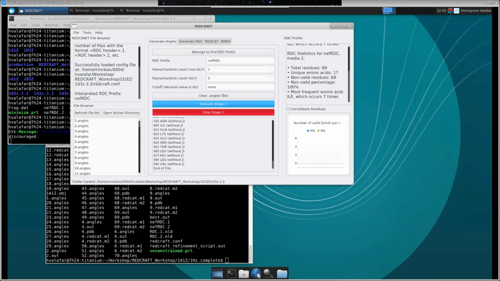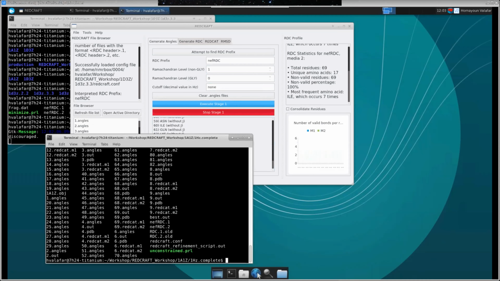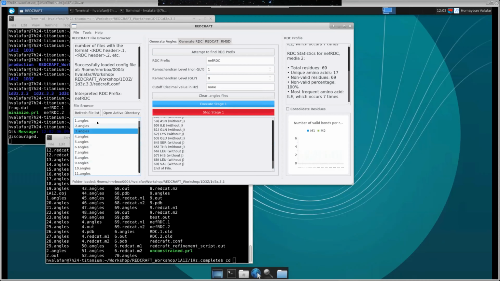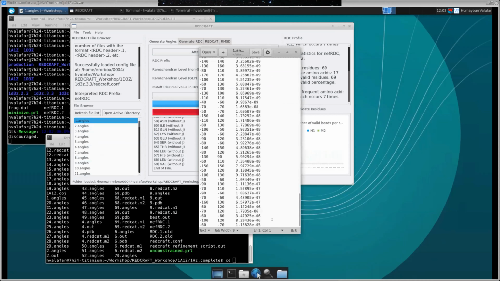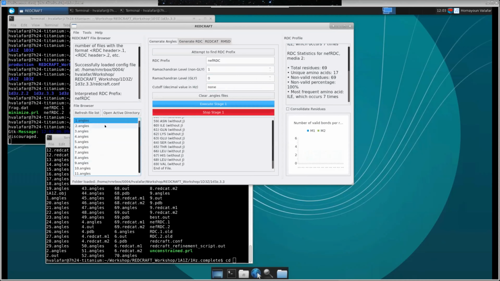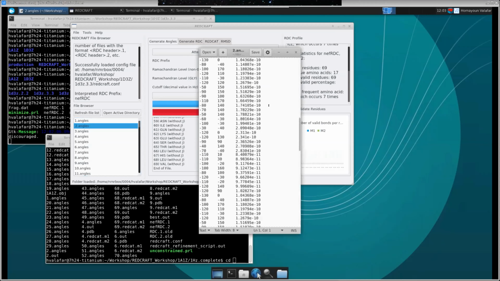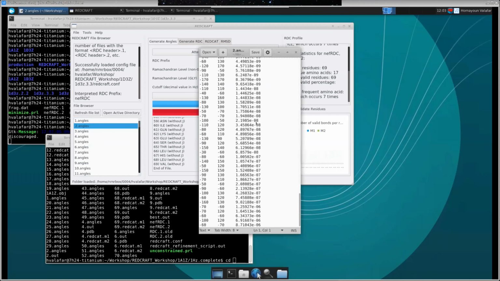And so, for example, in stage 1, 1.angles produces a list of approximately 182 entries for the first one. For the second one, it produces less. And you can see that almost all RDC fitness of the structures are 0.